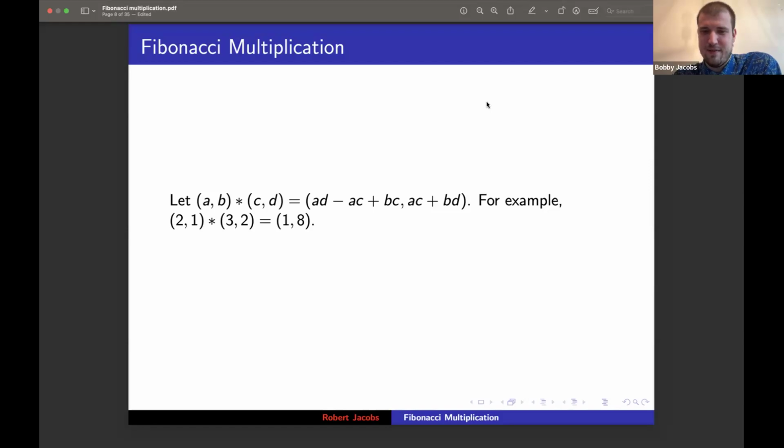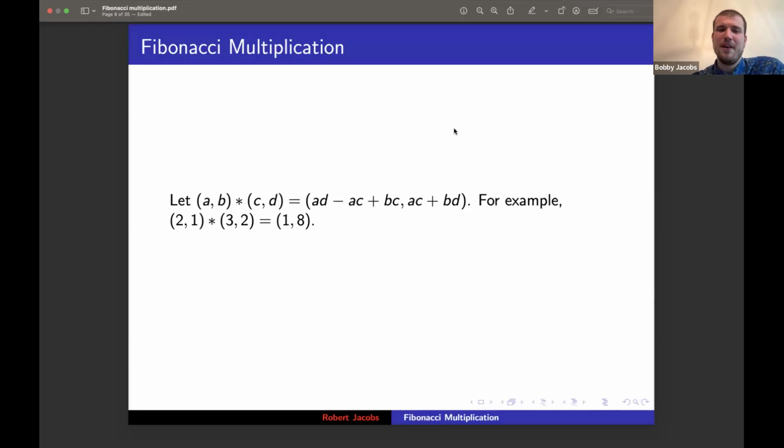Basically, AD minus AC plus BC is A times the number D minus C, plus B times C. If you look at the CD sequence, the term before C and D would be D minus C. So it's A times that term, D minus C, plus B times C. And then the next term, AC plus BD, is just, this time we're taking the two consecutive terms C, D, and doing A times C plus B times D. So it's (AD minus AC plus BC, AC plus BD).